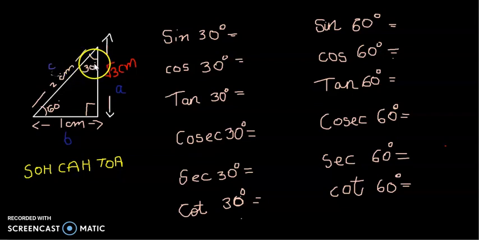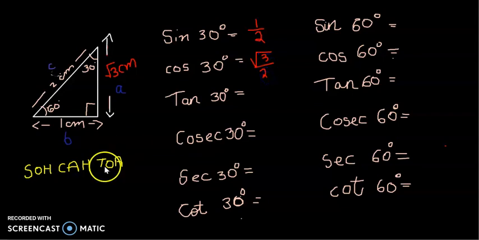For 30°, the opposite side is 1 centimeter, B, the adjacent side is A, that is square root 3 centimeters, and the hypotenuse is 2. So sine 30° is opposite by hypotenuse, that is 1 over 2, and cos 30° is adjacent by hypotenuse, that is root 3 over 2.